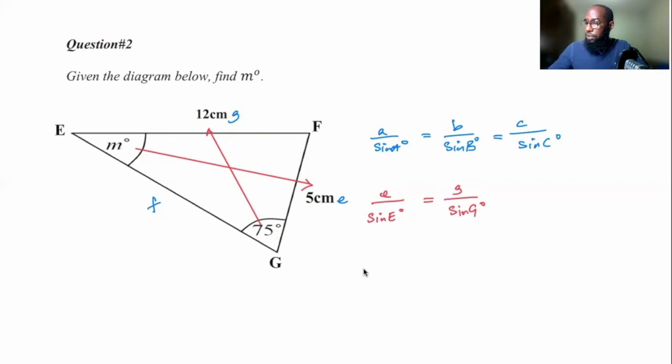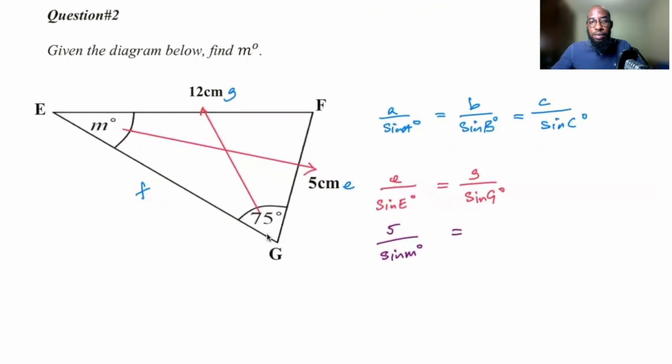Now we're going to substitute. E is equal to 5. So we have 5 divided by sine m degrees, and that is equal to G, which is 12, divided by sine 75 degrees.